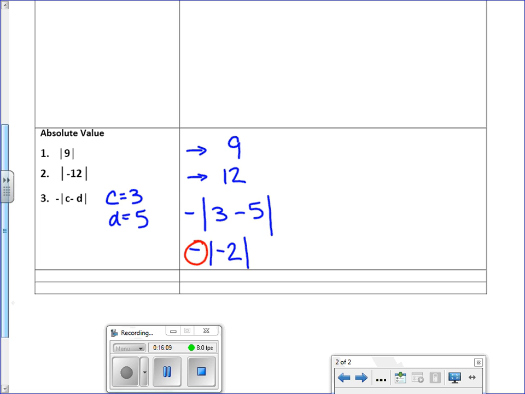So I know that the absolute value of negative 2 is 2, but because that negative symbol was outside of the absolute value bars, it's going to be negative 2.